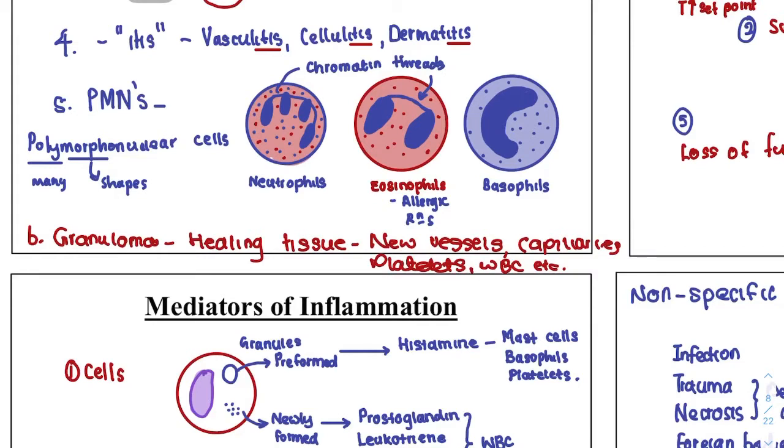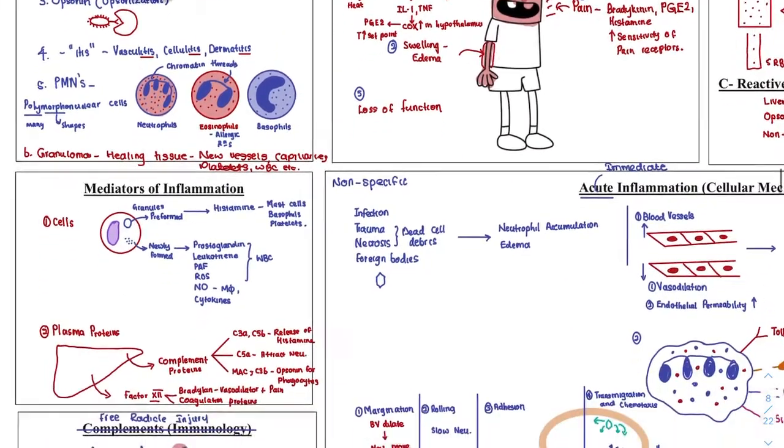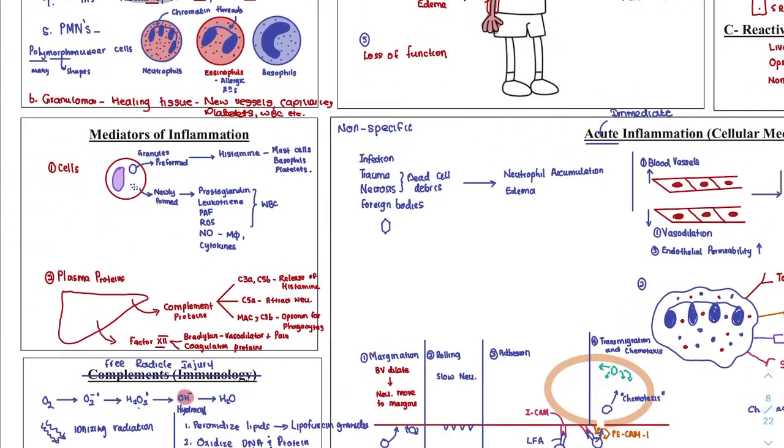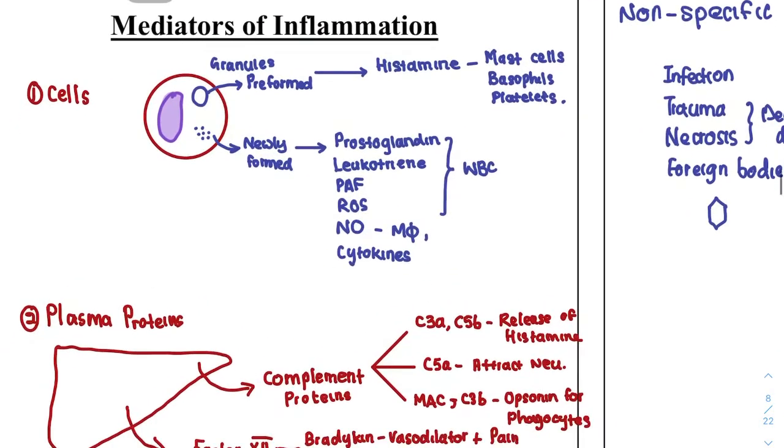Next, I'll talk about some mediators of inflammation. First, you take cells and what they produce. For example, we take a cell, let's say a vascular endothelial cell. Now they have preformed granules. The production of these mediators are either preformed or newly formed.